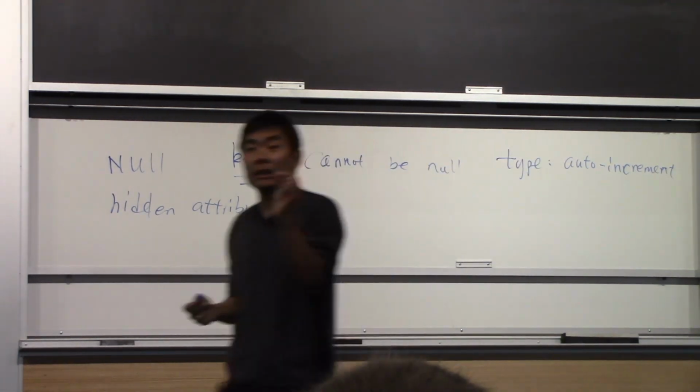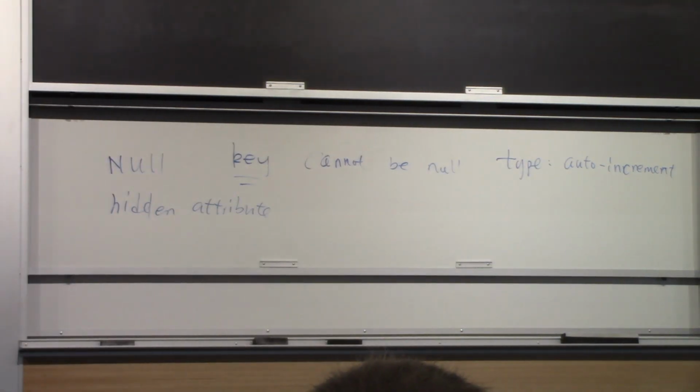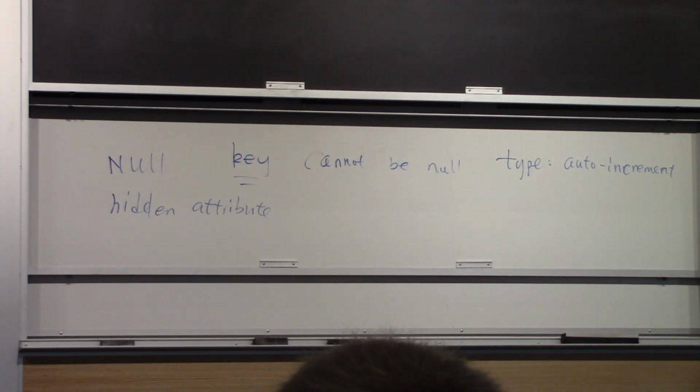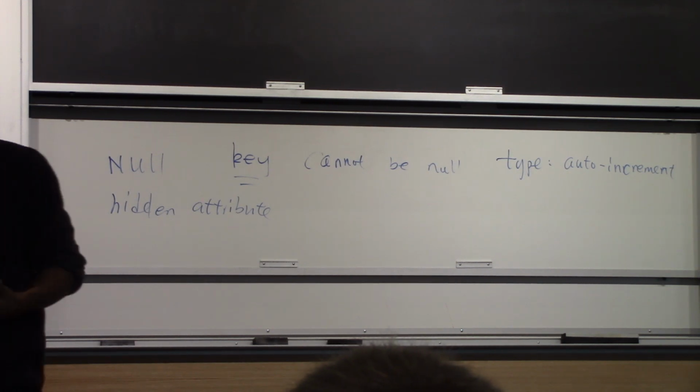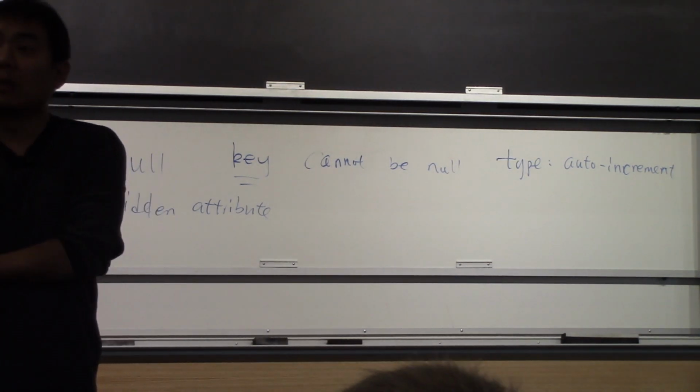That's just an integer identifier. The database system manages that for you automatically. If you never specify a key attribute for your schema, then it will introduce a hidden attribute with the type auto increment. The first record will have value 1, the second record will have value 2, and so on and so forth, for that hidden attribute. Now you understand why it's called auto increment, because it automatically increases the value of this field for any new record coming into this table.